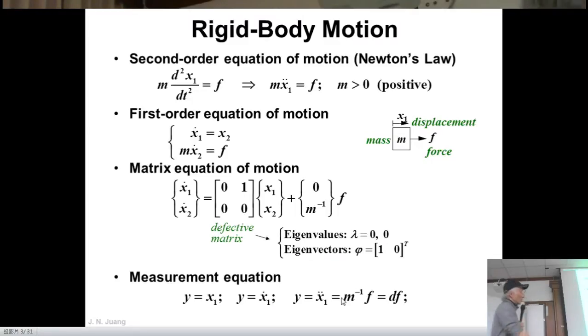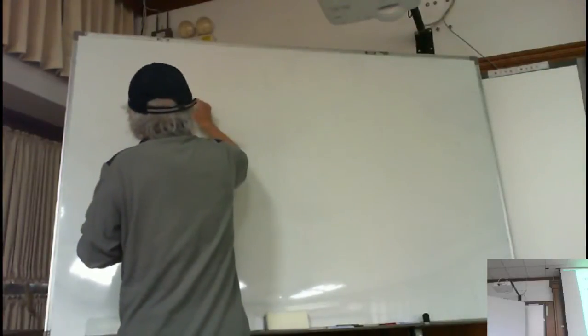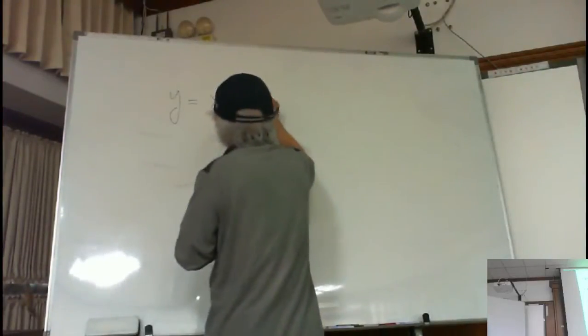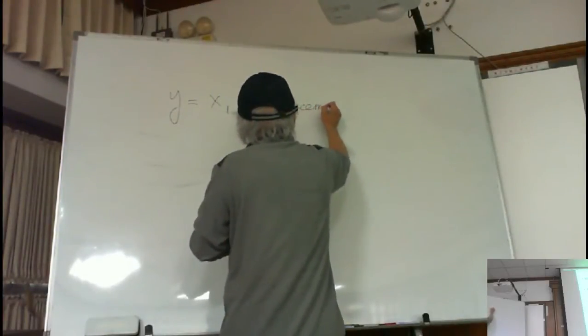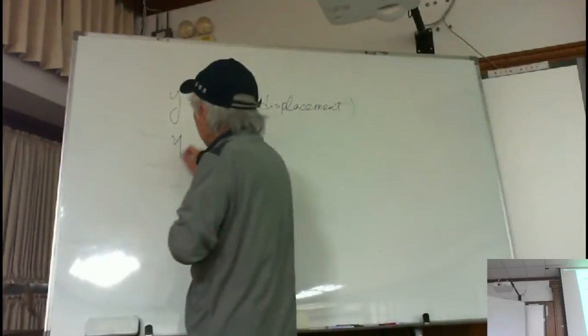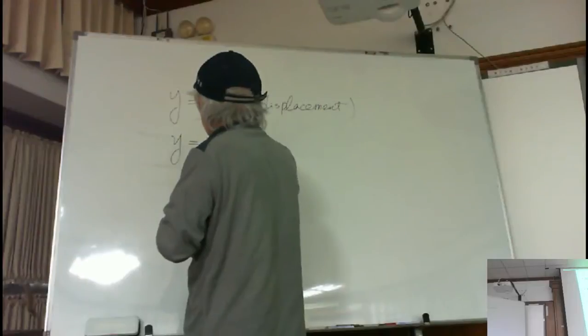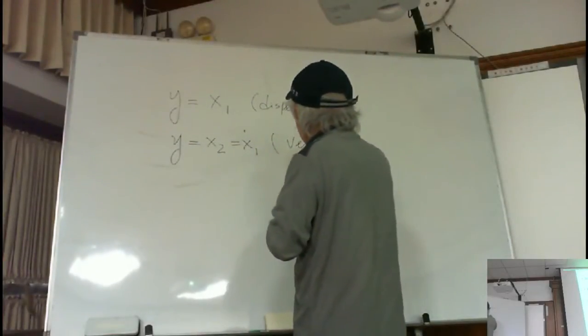All right. So I give you three different choices. The first choice is displacement. We call y equal to x1. That's the measure of displacement. All right, y can also be x2 equal to x1 dot. That we call velocity measurement.